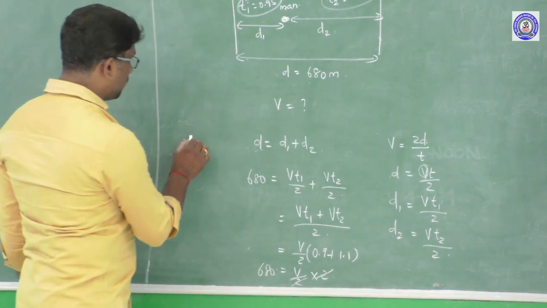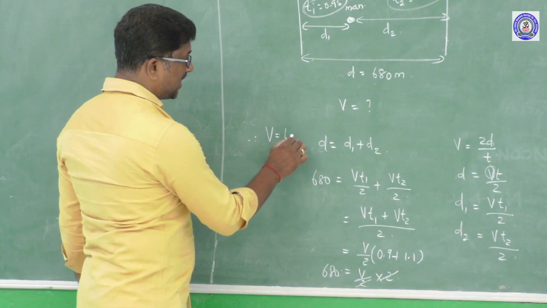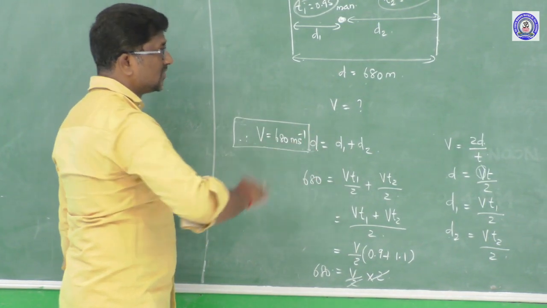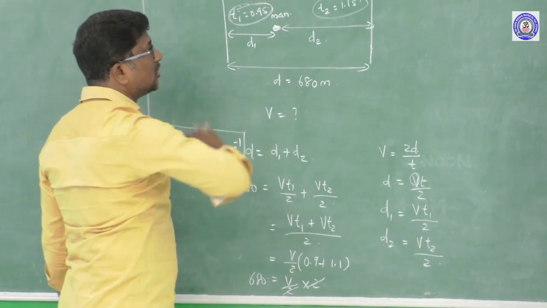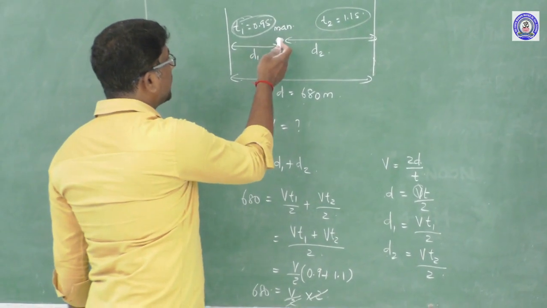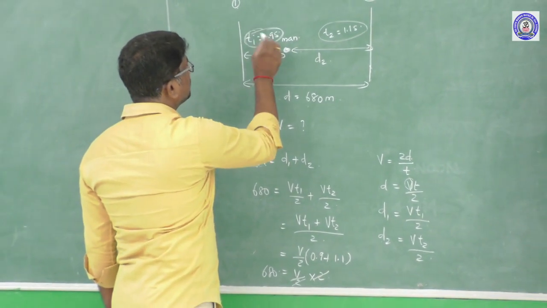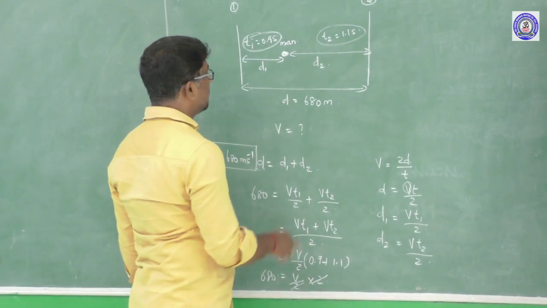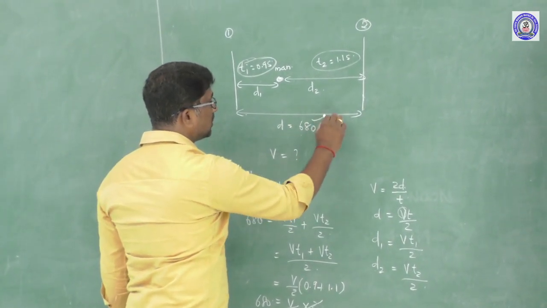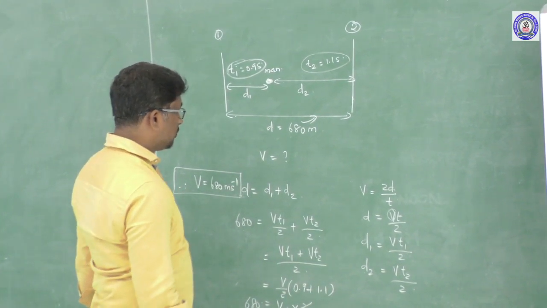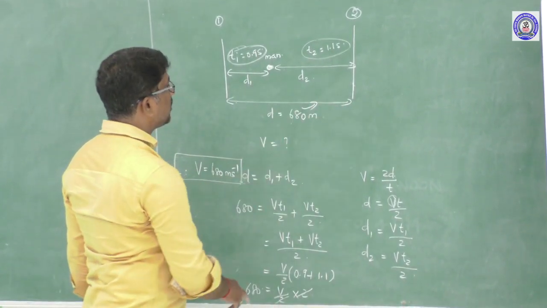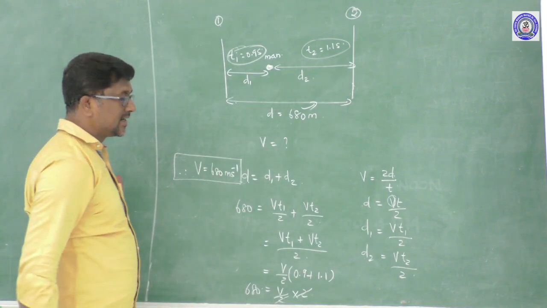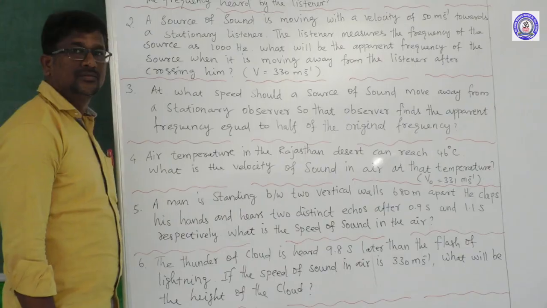The echo time from the first wall is 0.9 second, and the echo time from the second wall is 1.1 second, and the total distance between the two walls is 680 meters. By using this condition, we can calculate the velocity of the sound traveling in air medium. That value is 680 meters second power minus 1.